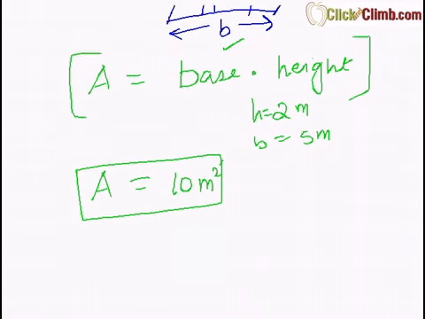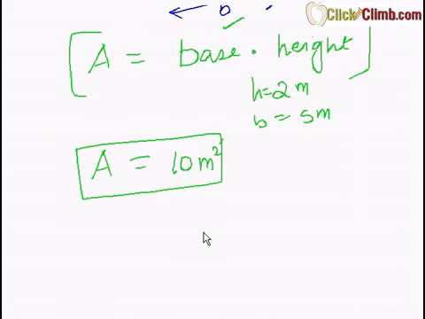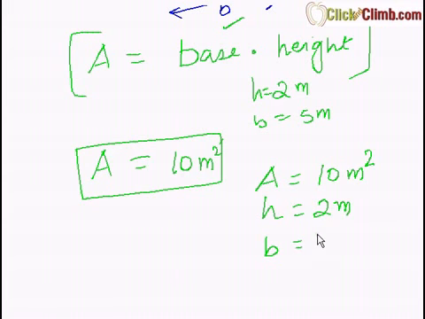Now let us suppose we have the area and we have the height. Can you find the base? Can you find the third thing? Suppose we take the same problem, area is given 10 meters square and height is given 2 meters. Can you find the base with the same formula? We apply the same formula, base times height.